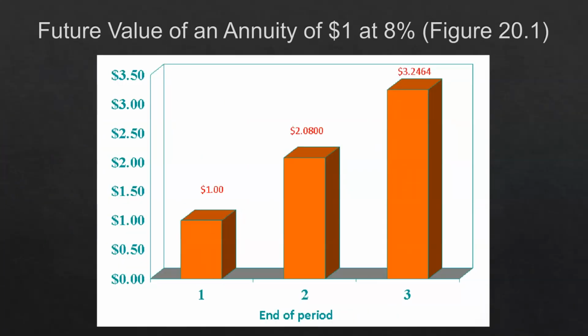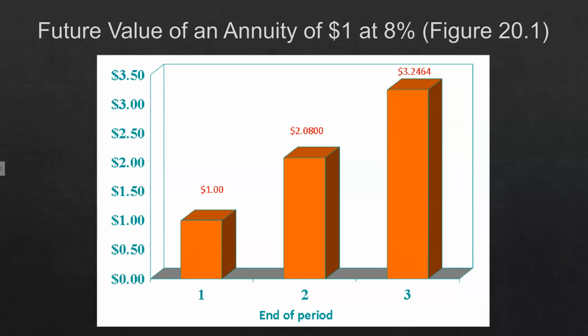We've talked about a graph similar to this. On this one, you're depositing $1 at the end of each period at 8% interest. If you were using the financial calculator for this, you would have a period of 3, and your interest rate would be 8, an annual rate.